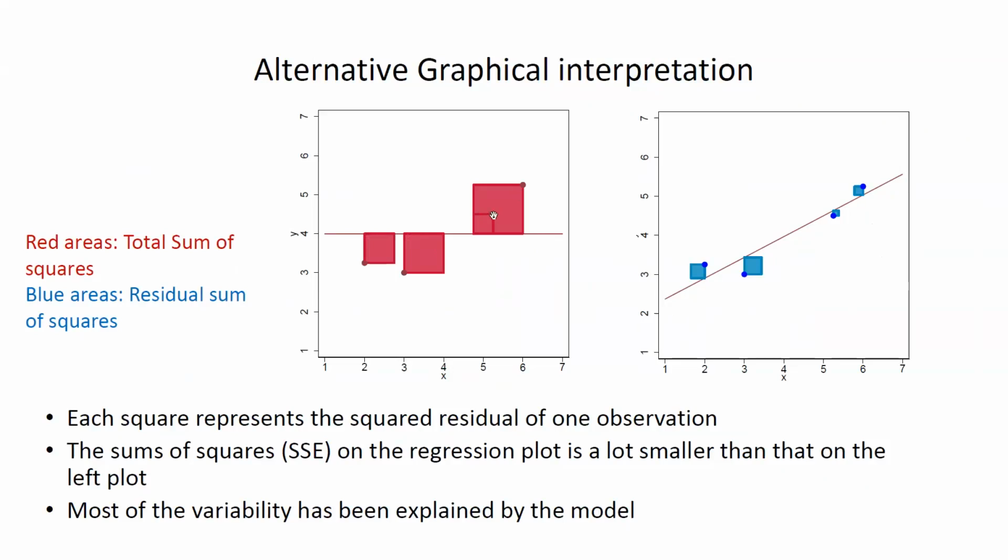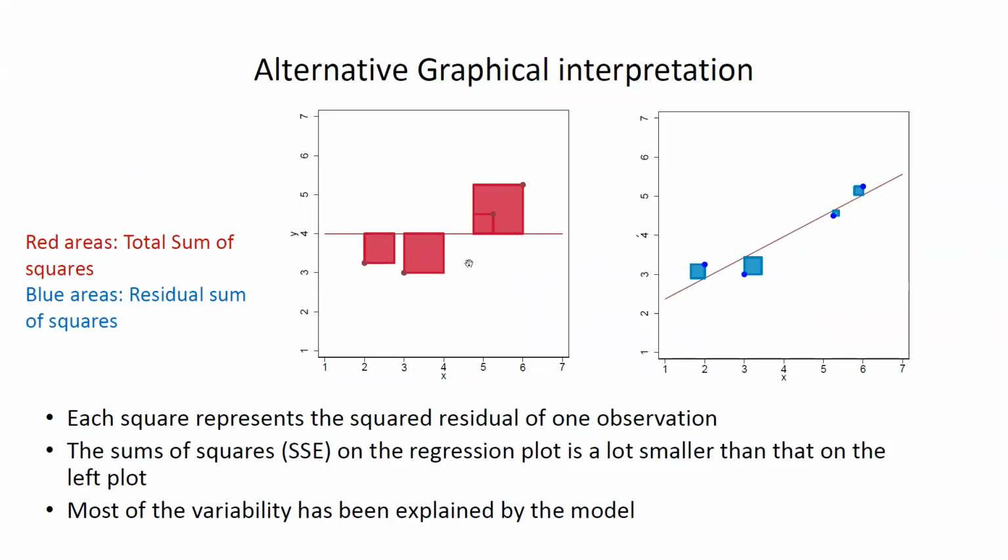So the residual I obtain simply by dropping down the distance between the regression line and the observation. And if I square this, then I get this area. Likewise, for this point, I have a larger residual and I have a much larger area because it's squared. And same down here, right? I always have to go up to the regression line and get the squares.